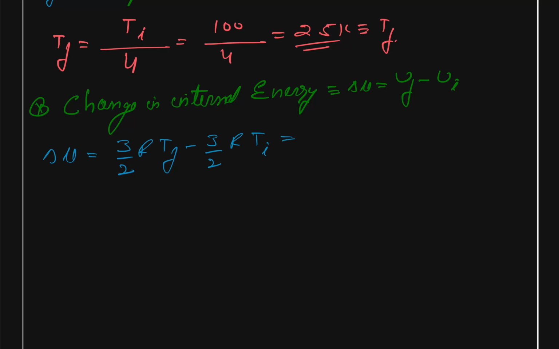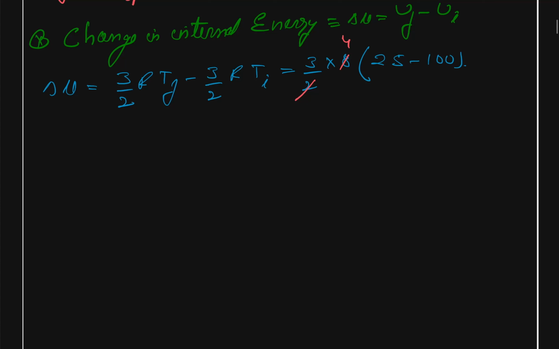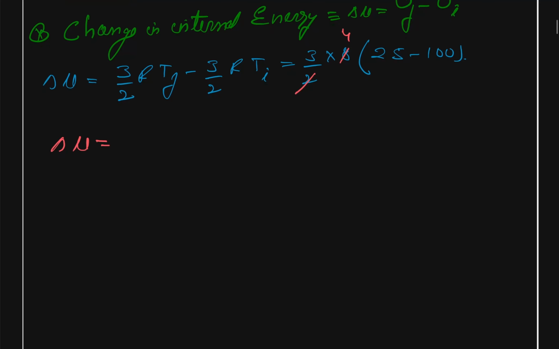3/2 R we can take as common. Let me substitute the value of R also, and this value of R is taken as 8. Final is our 25 and initial is our 100. So this 8 goes by 4, so we get delta U will be equal to 12 multiplied by 75 minus, that will be minus 900 joules.